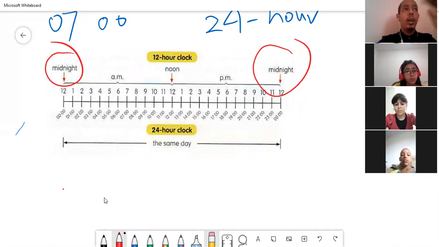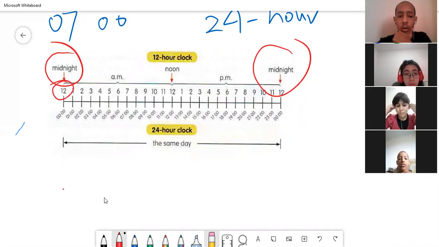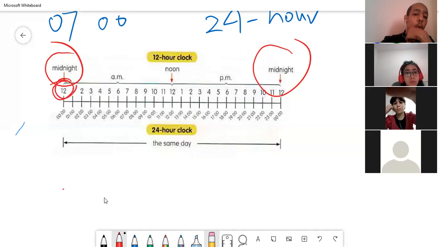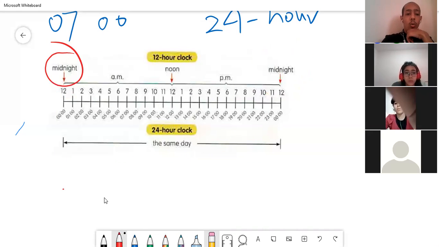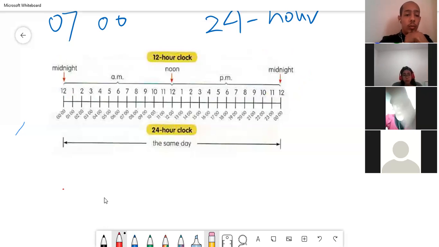So midnight starts at 12. When you go to sleep, the midnight starts at 12. So when we say 12 a.m., this means midnight.